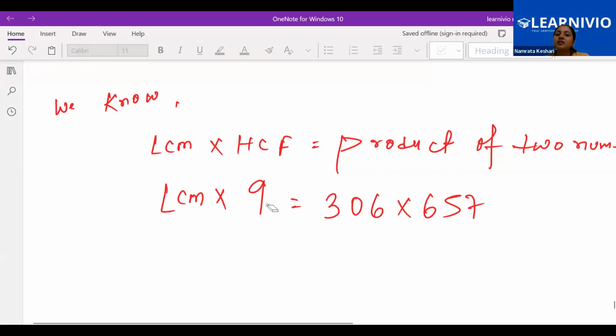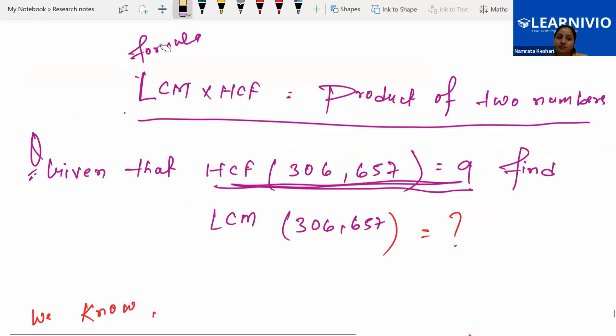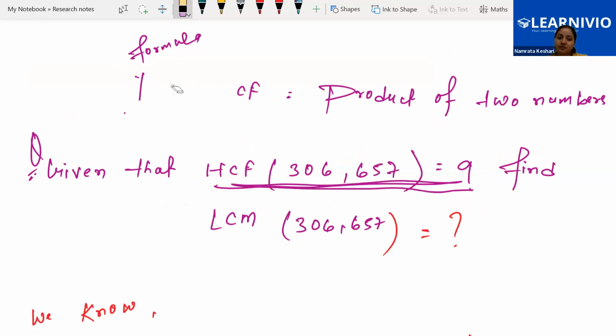You can directly shift the 9. I didn't get it. Okay, Ifra, can you see the question? No, I got the answer. Okay, yes, I am coming to the answer and the solution part. Just give me a second.